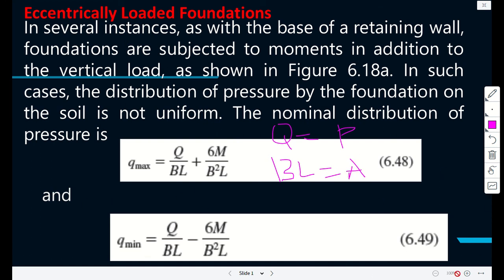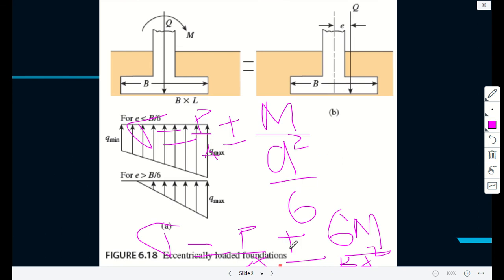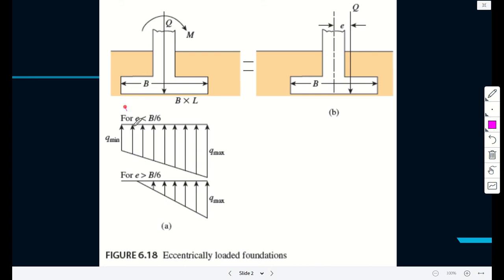So the maximum of these stresses, from what I've said, is plus or minus. Obviously q max can be Q over BL plus 6M divided by B D squared.